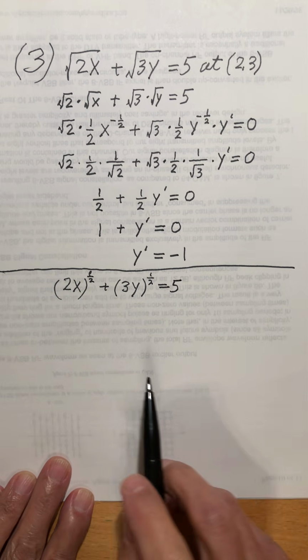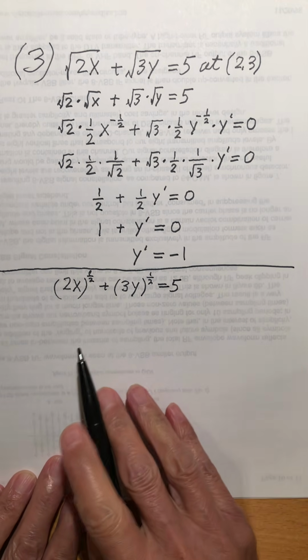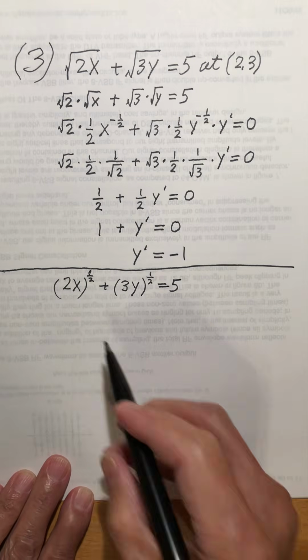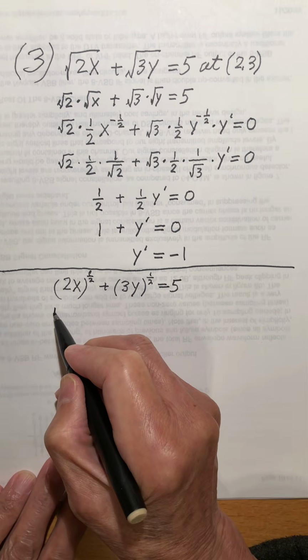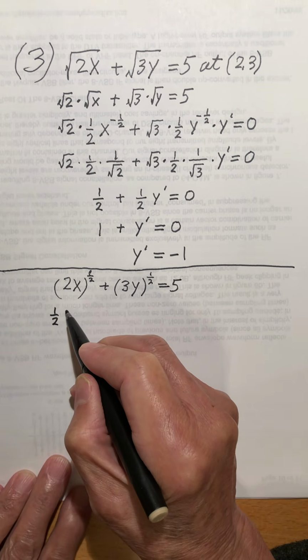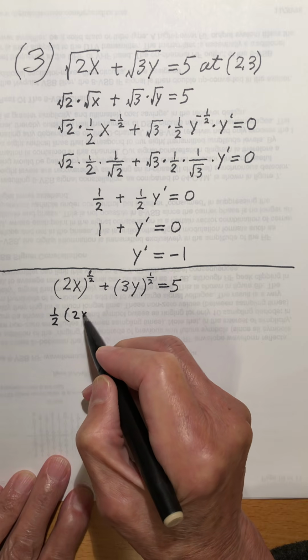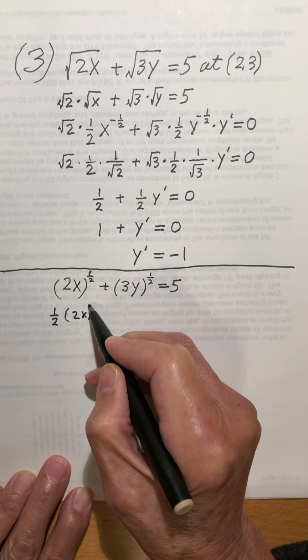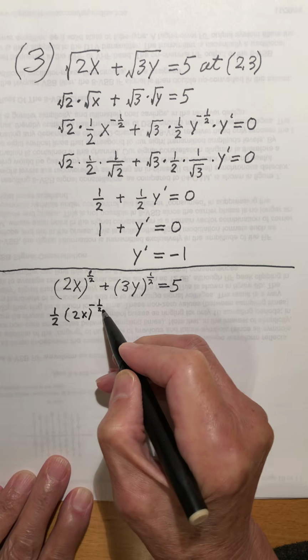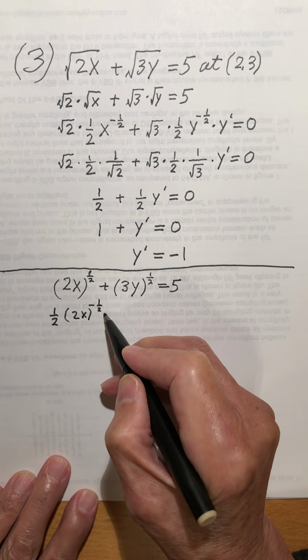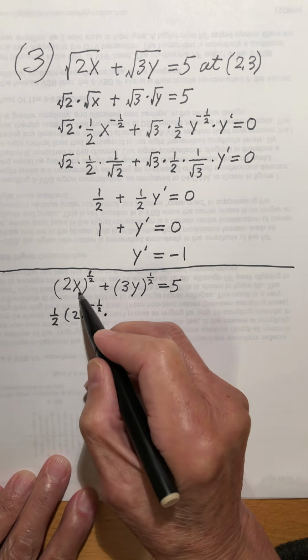Then I do the derivative. Then the derivative is 1/2 times 2x, 1/2 minus 1 is negative 1/2. Chain rule, derivative of this is 2.